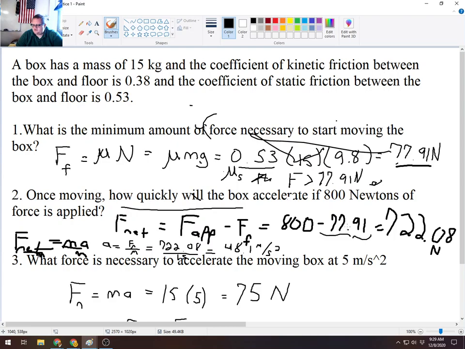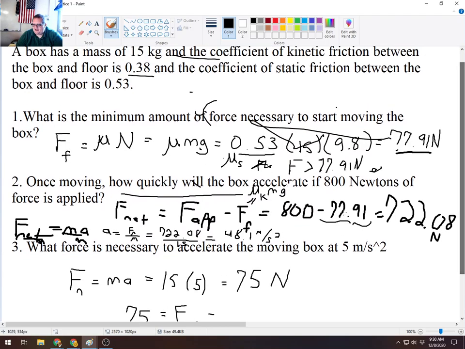That's not the right number, because I should have used a different frictional force. This right here, the frictional force, would be technically mu k times m times g. So the only thing I would change here is the coefficient, but that does matter because the coefficient of kinetic friction is 0.38, and that's why I need to do this in the first place.